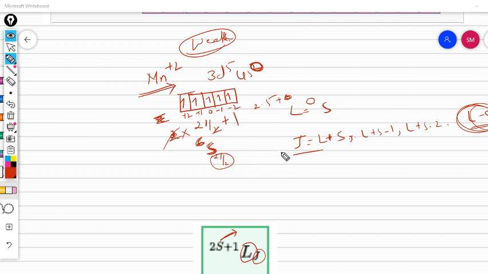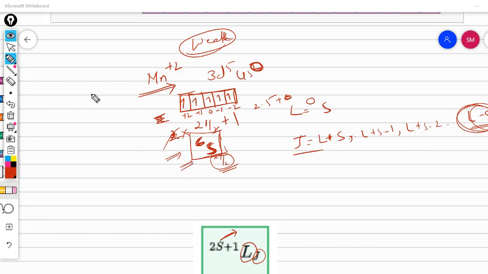For your examination, up to this is enough; J is not mandatory. Wherever all the electrons are half filled, it will be an S term with the highest multiplicity, that is 6. So it is sextet S. The ground state term symbol will be this.